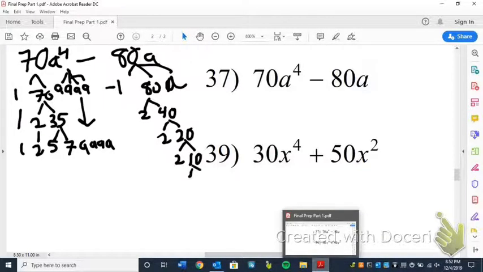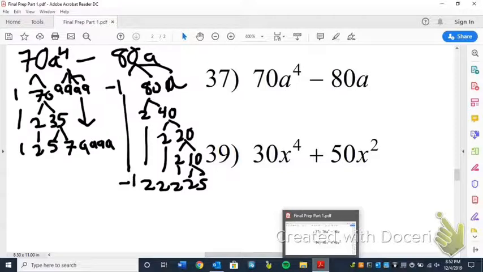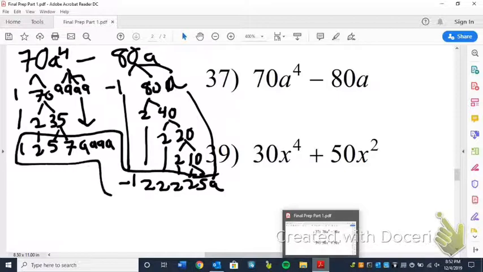And 10 is 2 times 5. So that means that our prime factorization here is a negative 1, 4 2's, and then that 5 and that a. Excuse me. And that's my answer for 37.